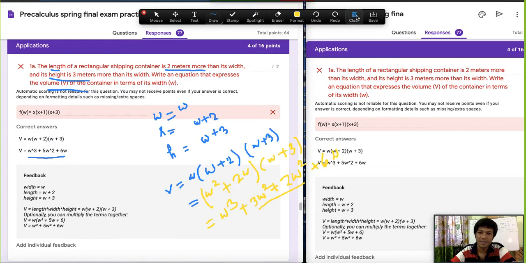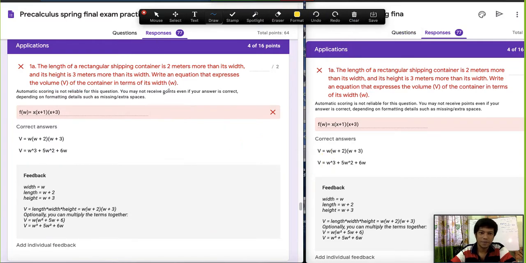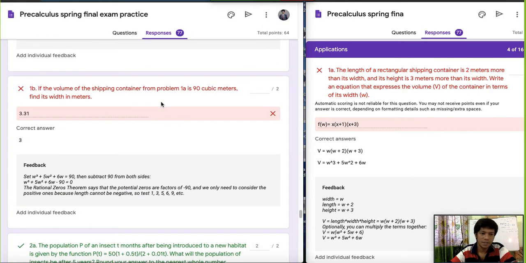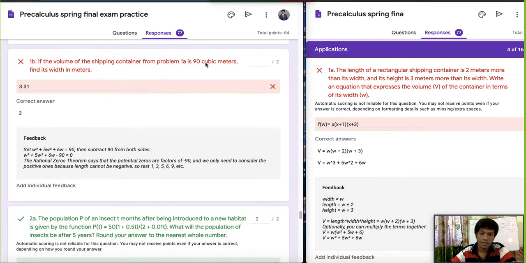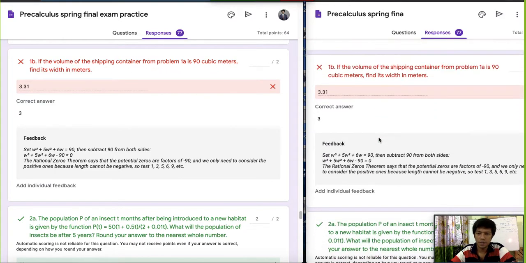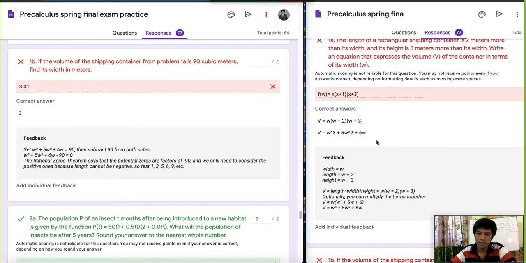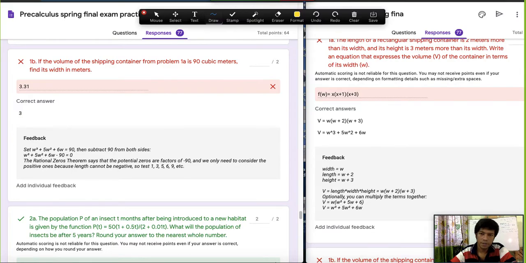Next part is, if the volume of the shipping container is 90 cubic meters, then what is the width in meters? From the previous part, our obtained volume was W cube plus 5W square plus 6W.